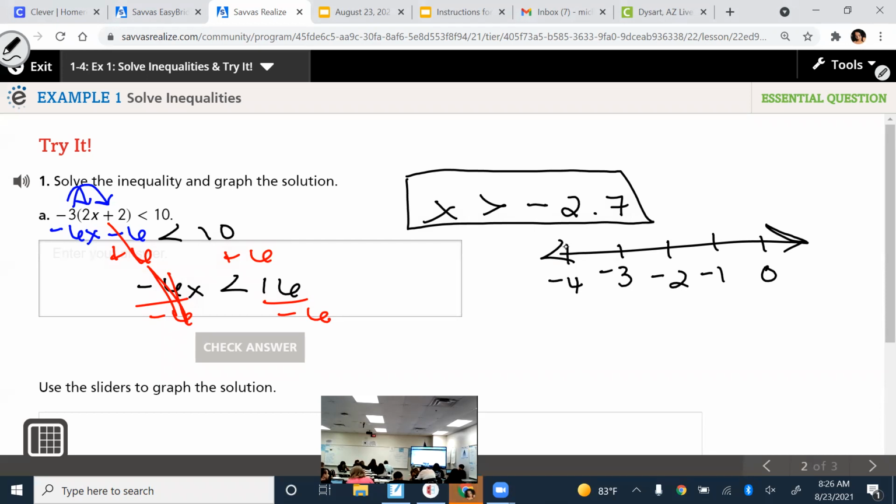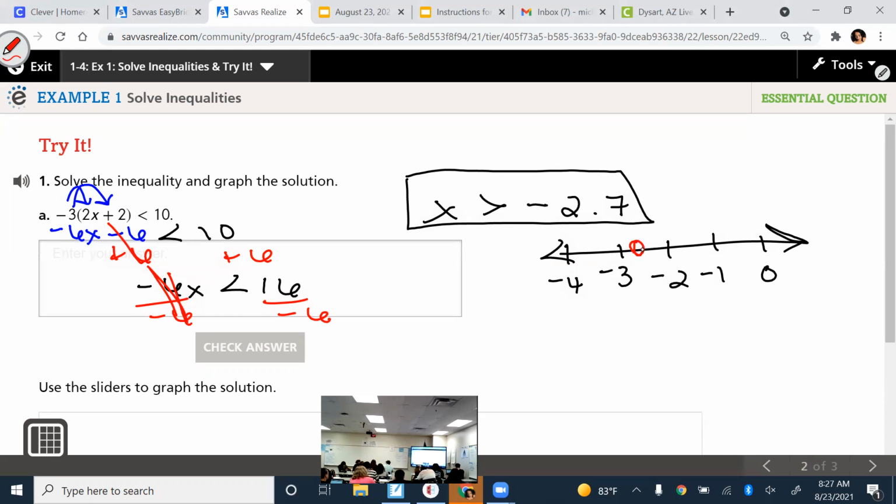Now make sure you put the dot in the right place. Is negative 2.7 to the left of the negative 2 or to the right? To the left, because it's almost negative 3, right? So it's going to be right here.